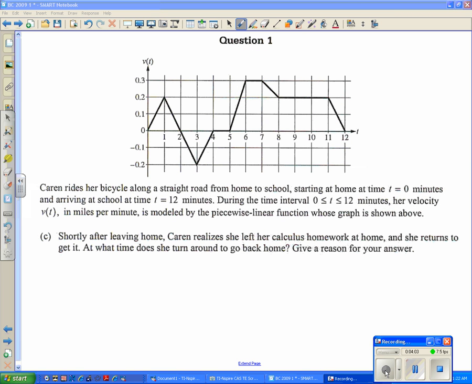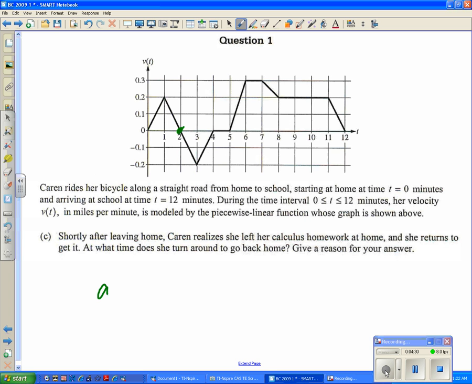This is one of those examples of where part C is maybe the easiest piece. It says, talk about when it was that Karen turned around to go back home. Well, we can see her velocity was 0 at this location 2, and that her velocity actually changed sign.